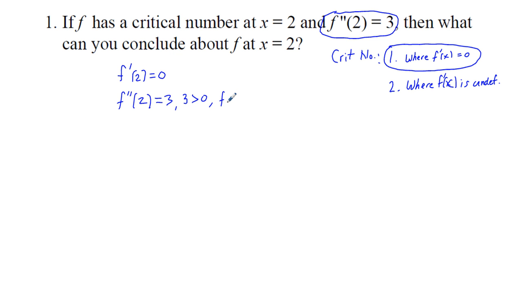So let's continue here. f of x is concave up. And what that means is that we have this kind of shape here, and we're going to have a relative minimum.